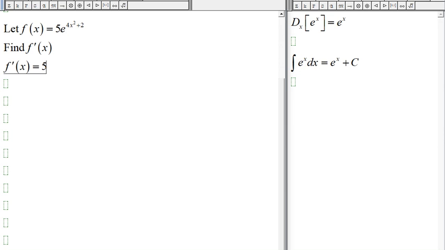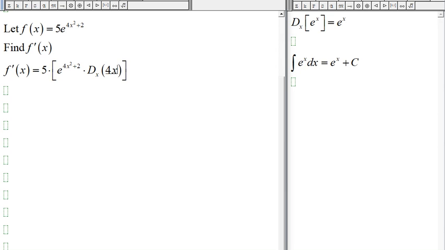So we get 5 times e to the 4x squared plus 2, but the chain rule says we have to multiply this by the derivative of the 4x squared plus 2.